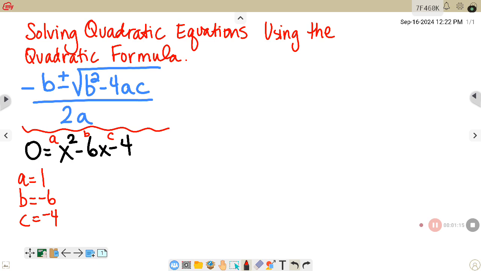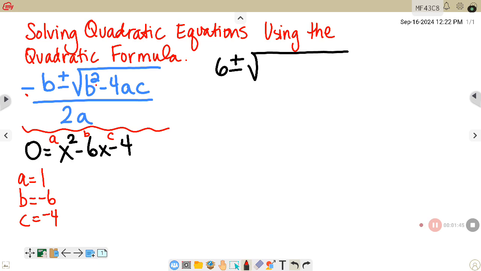So the first thing I have here is the opposite of b. Well, my b is negative 6, which means the opposite of it is going to be positive 6. Then I have the plus minus. Now I have this long square root. Underneath the square root, I have my b number, which is this negative 6, but I need to square it.